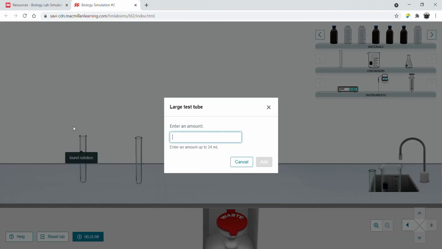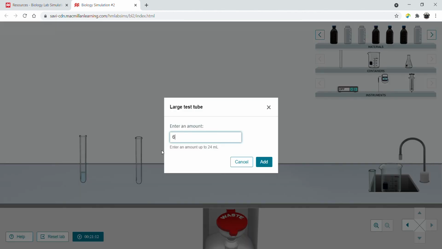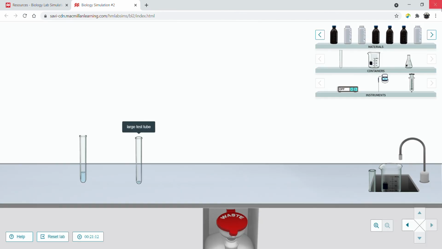So I'm going to put the burette in first. I'm just curious if the computer is going to give us a problem. That would be really weird if it did, because obviously, I mean, potato juice.